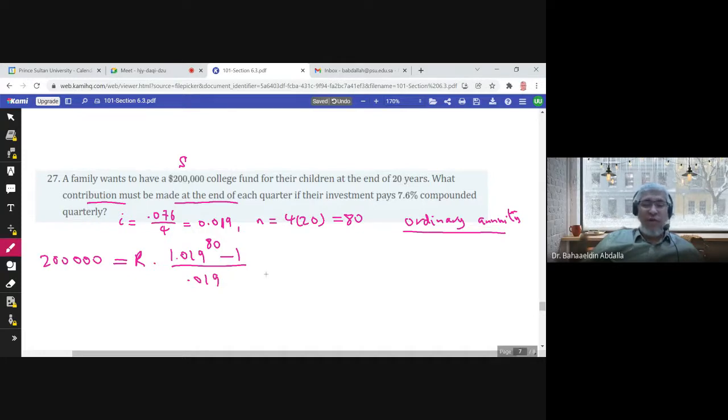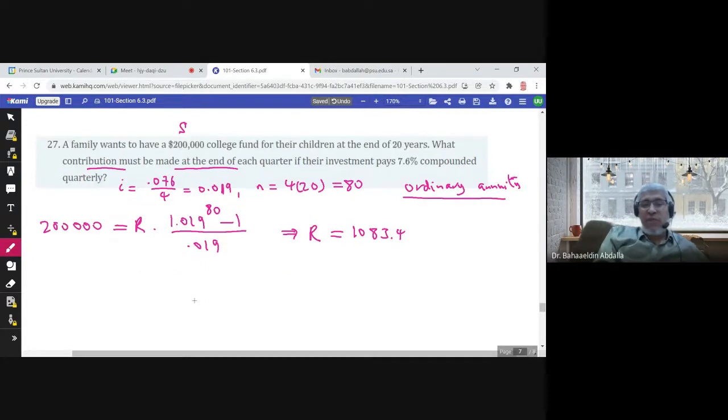And we will not multiply here because this is an ordinary annuity. And R would be the division of 200,000 over this number. And if you use the calculator, the answer is $1,083.4. So this is the deposit.